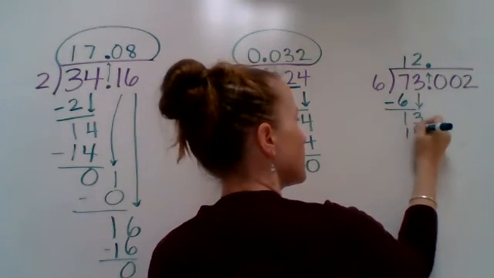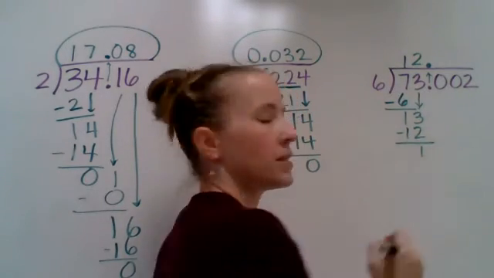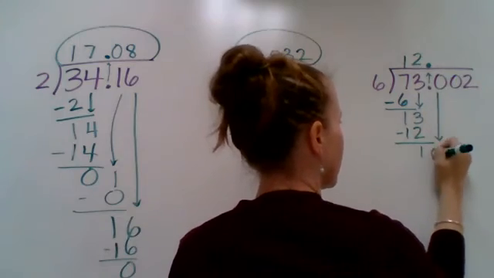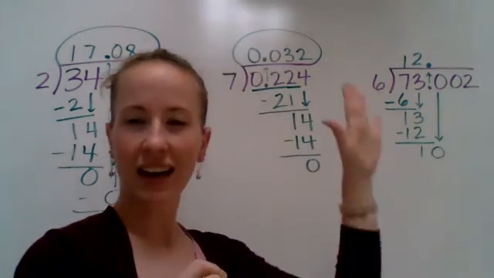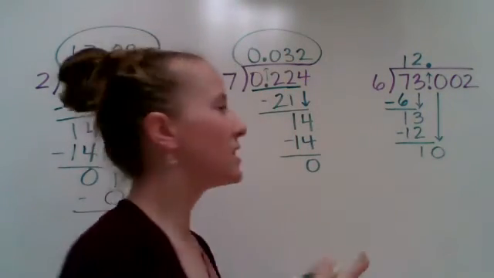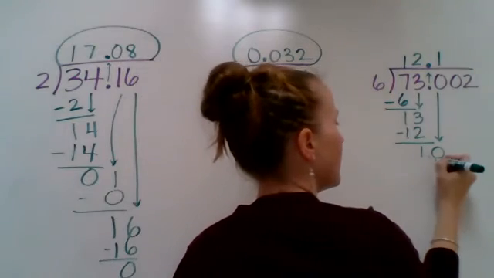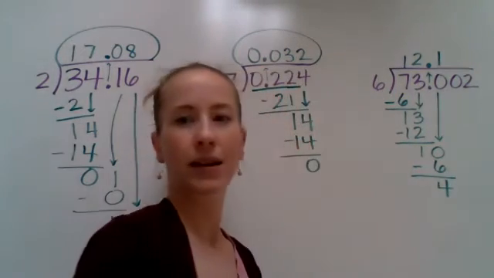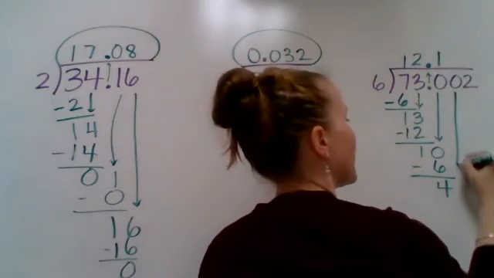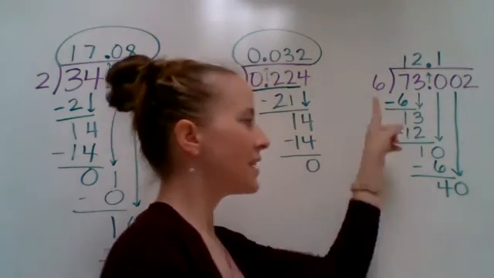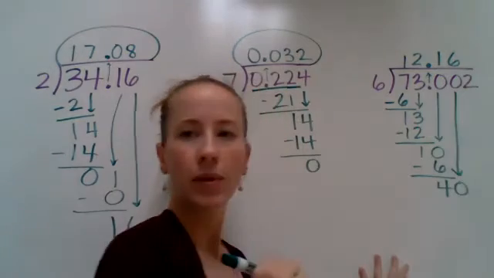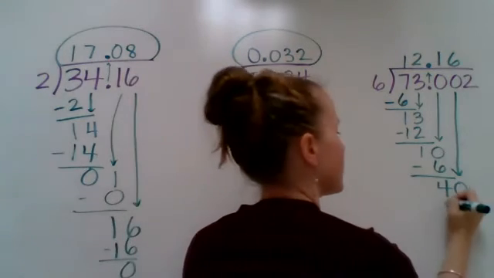2 times 6 is 12. When I subtract, I got another remainder of 1. I'm going to bring down my next digit. This one's going to have a lot of digits. 6 goes into 10 once, and that answer is 6. When I subtract, I get a remainder of 4. I'm going to bring down the next 0. 6 goes into 46 times, because 6 times 6 is 36.